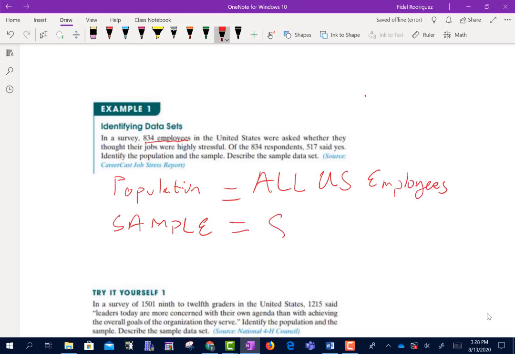The sample would be the 834 that they surveyed, right? So they're trying to get some information about all the employees, and what they do is they survey 834 of them. That's going to be my sample, okay? So the 517 said yes. That's just them answering the question, but the people that were surveyed was the 834, okay?